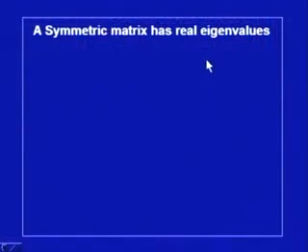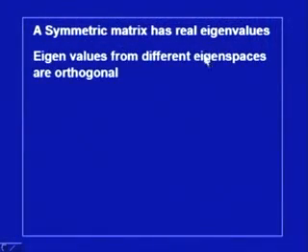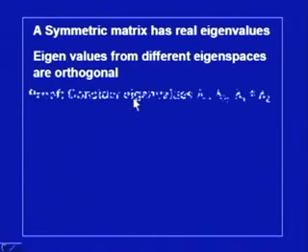Now, we will come to this statement that a symmetric matrix has real eigenvalues. This we have proved in one of my earlier lectures, and eigenvectors from different eigenspaces are orthogonal. So, this is the statement which I am going to prove now. To prove this, let us consider that there are 2 eigenvalues of the symmetric matrix A, which are lambda 1 and lambda 2.